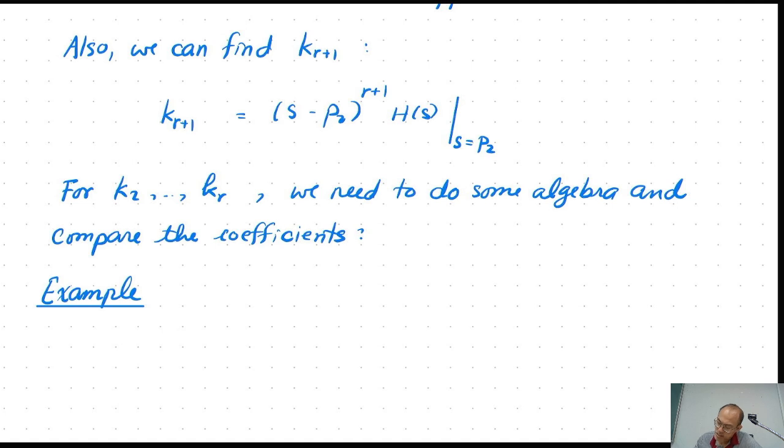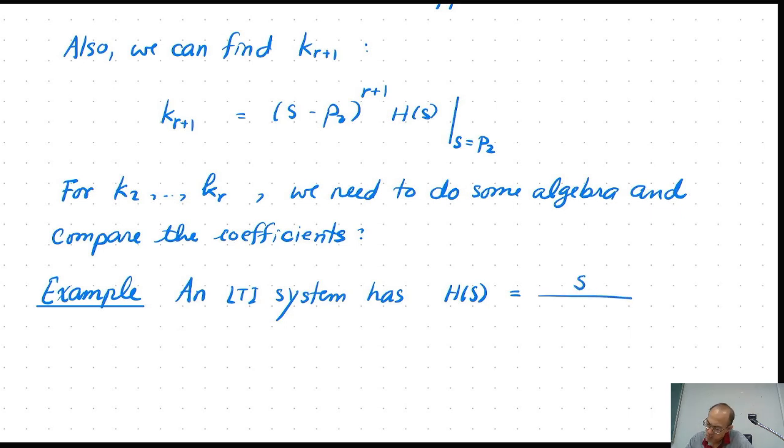Now, suppose an LTI system has the transfer function equal to s over (s plus 1) times (s plus 2) squared.